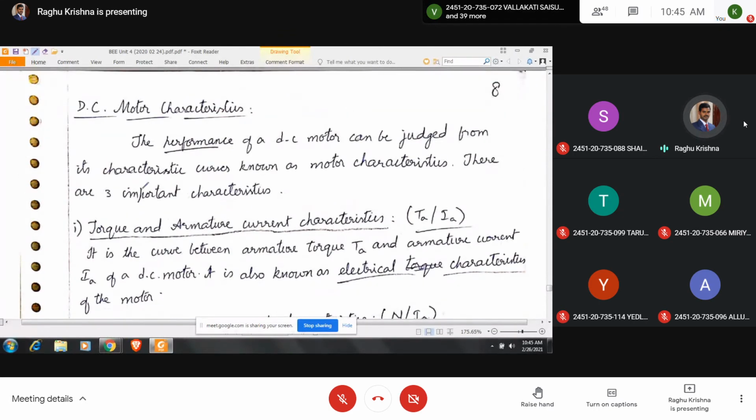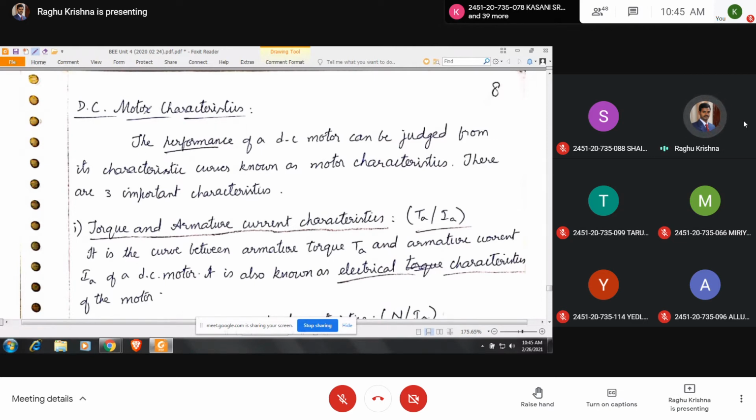Now let us go to the next topic, DC motor characteristics. Just like a DC generator, we have to know about the DC motor characteristics. If you know the characteristics, then only you can apply that motor for a particular application.